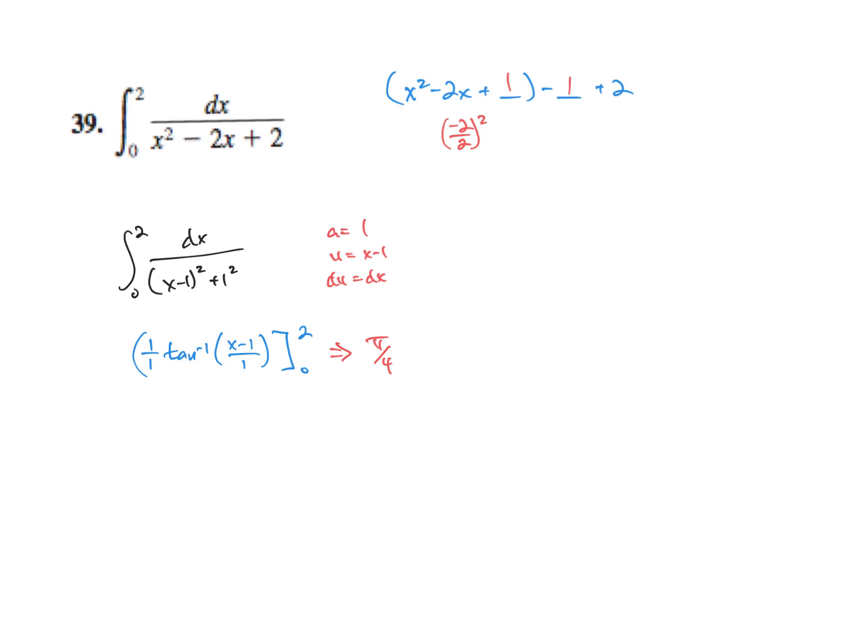When does tangent equal negative 1? Negative pi over 4. Exactly. I can't call it 7 pi over 4 because it failed the vertical line test, so we call that negative pi over 4. So we have pi over 4 minus a negative pi over 4, so we add them and end up with pi over 2. So the area under that curve is pi over 2.